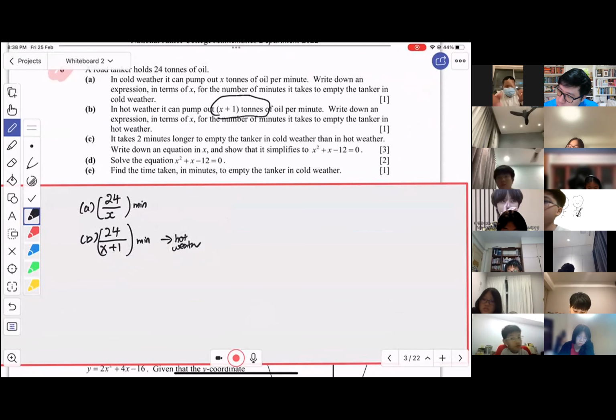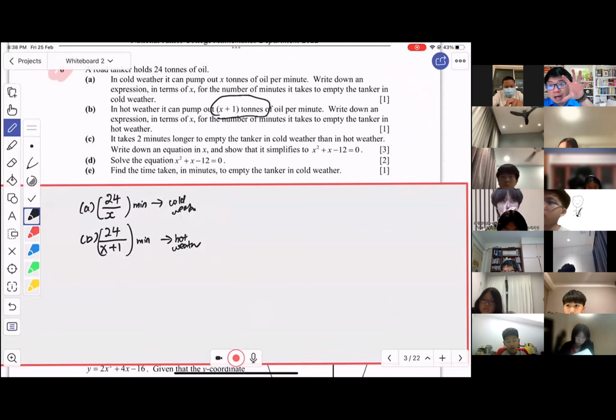Of course, if you compare cold weather and hot weather, the outlet is bigger, a bigger hole, correct or not? If the hole is bigger, of course the oil will come out faster, so it will take a shorter time. That means with a bigger hole, it takes less time to empty, right?